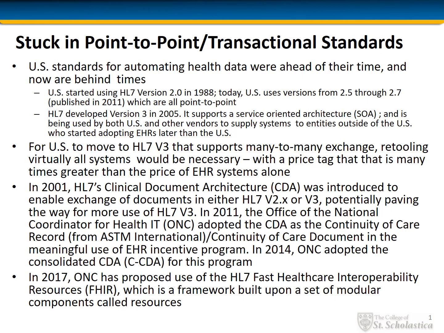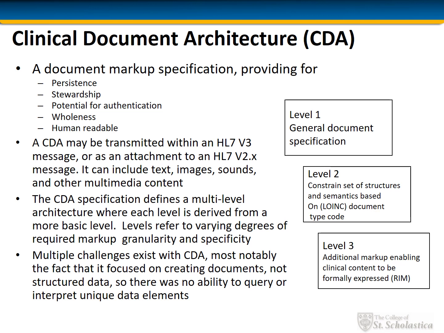In 2012, one set of researchers introduced the HL7 Fast Healthcare Interoperability Resources, referred to as FHIR, F-H-I-R, which is a framework built upon a set of modular components called resources, which appears promising, though still not widely adopted. In 2017, ONC has proposed to adopt this for future use. Let's explore these two new options from HL7 a bit further.